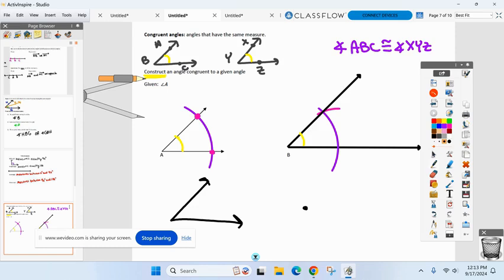See those angles being constructed. It's okay to ask for help.